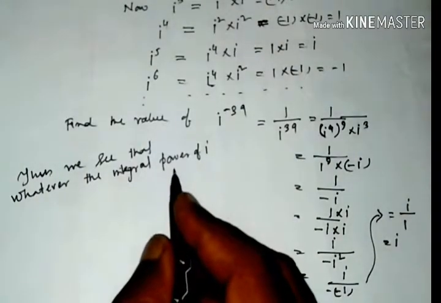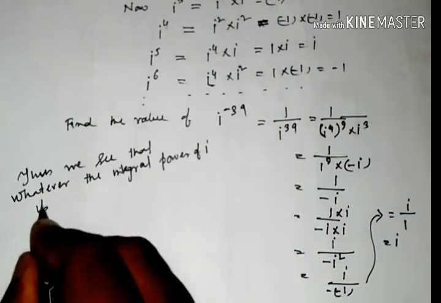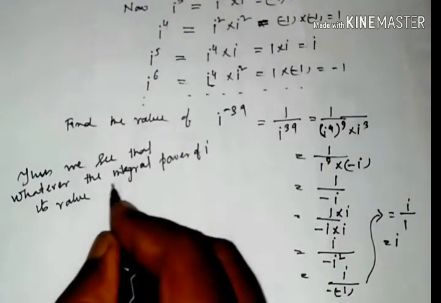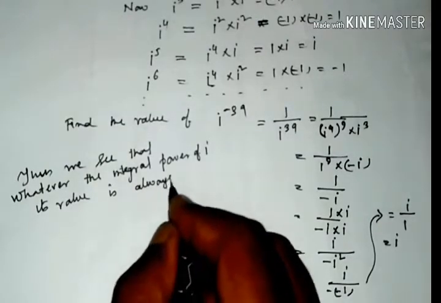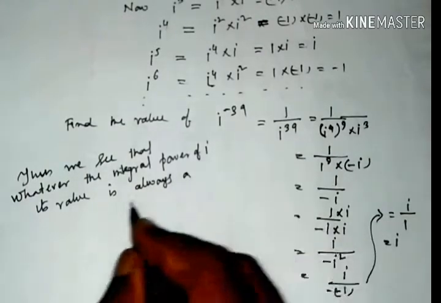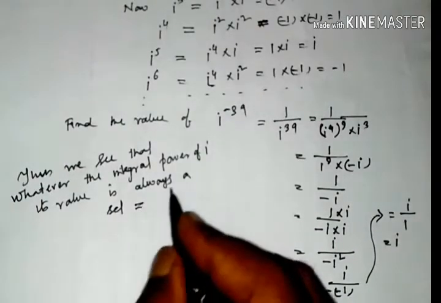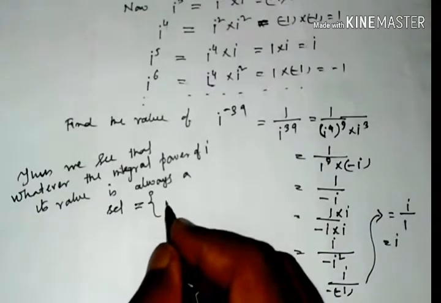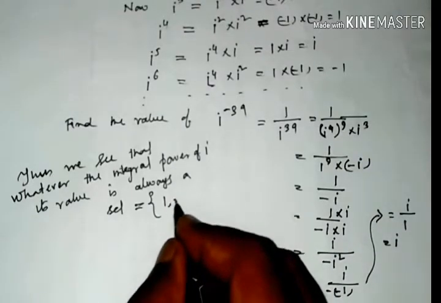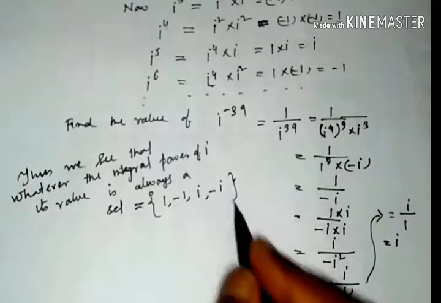its value is always from a set, that is, the elements are 1, minus 1, i, minus i.